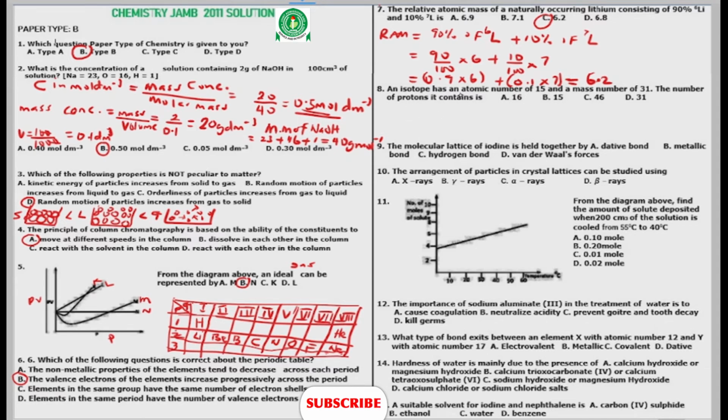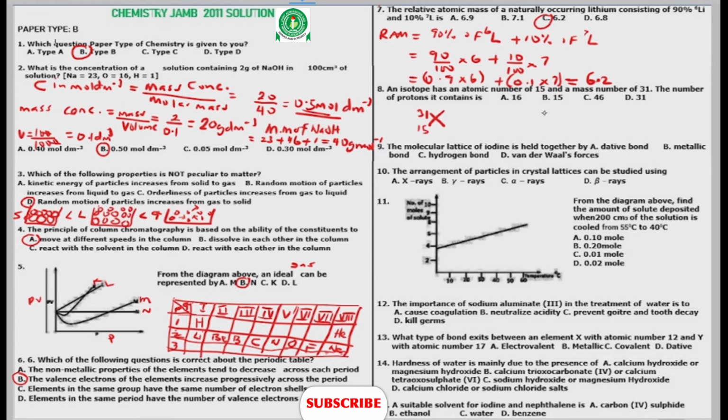Now an isotope has an atomic number of 15 and a mass number of 31. Let's denote that isotope with S. Atomic number is 15 and mass number is 31.